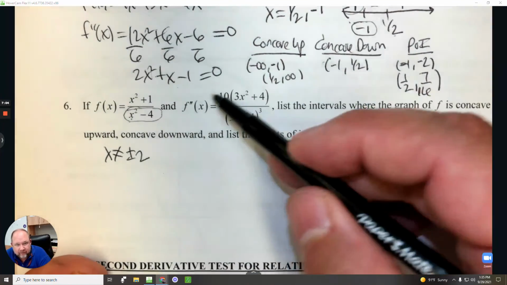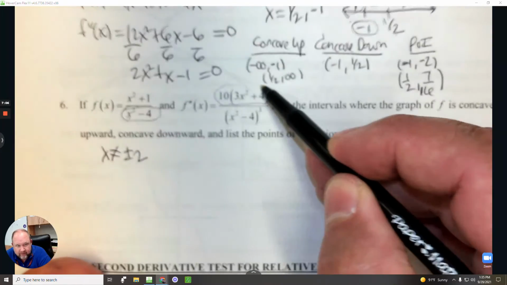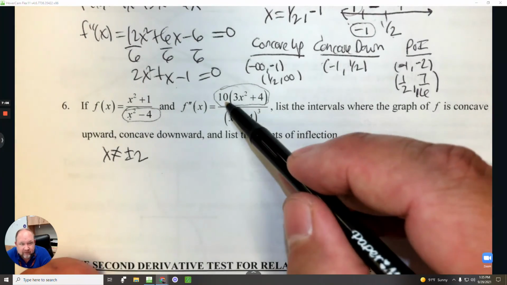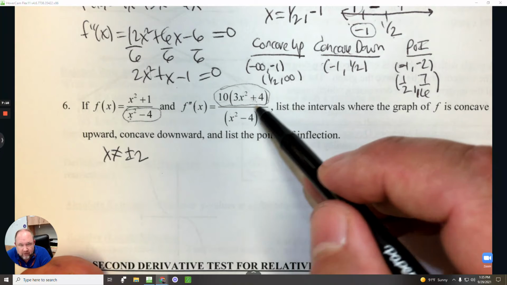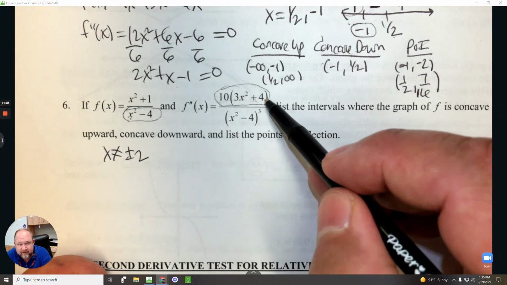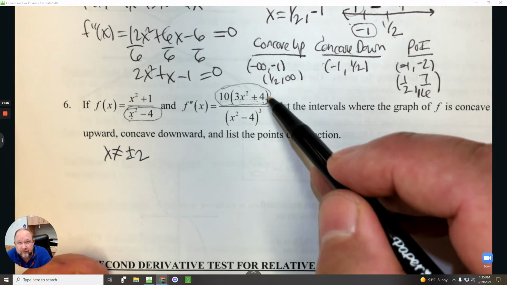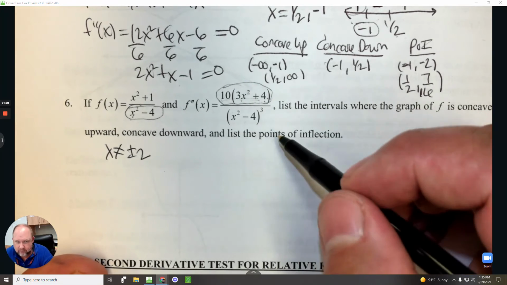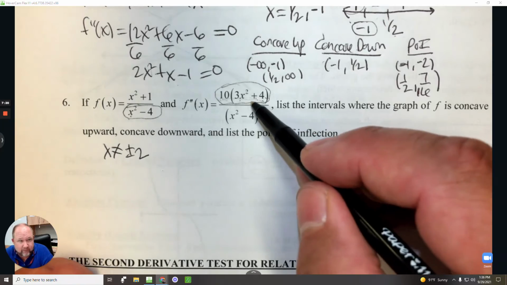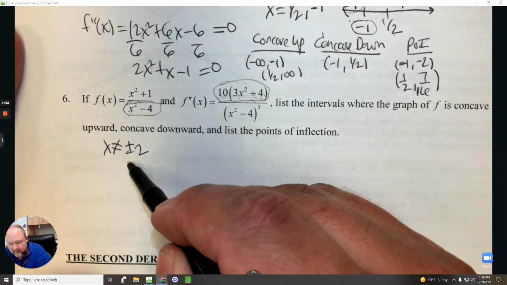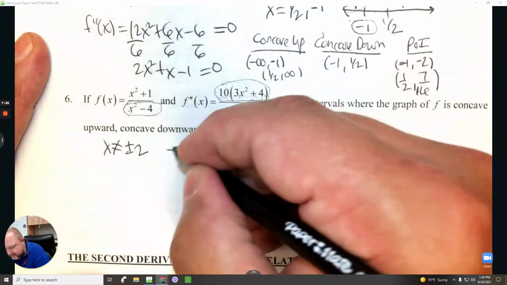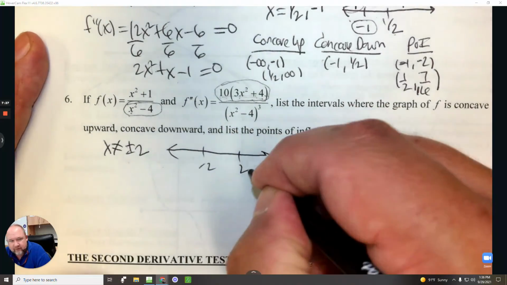Next, I look at the numerator of the second derivative and solve it. If I try to solve that, there are no real solutions. When you divide by 10 and get x squared by itself, you end up with the square root of a negative number, not real. There are no solutions that would make that 0. So those are my only numbers that I care about, negative 2 and positive 2.